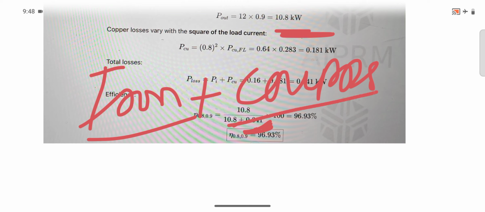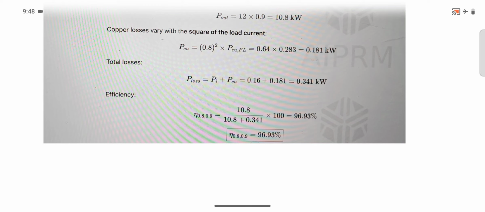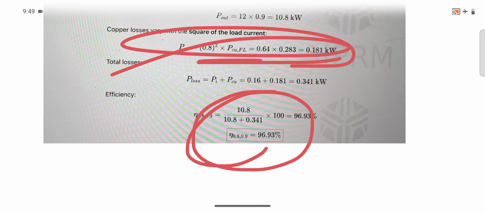We have to calculate copper loss, and copper loss varies with the square of load. So at 80% load, we use the full load copper loss, PCUFL, and in this condition the copper loss will be this much. Then the efficiency in the second condition will be 96.93%.